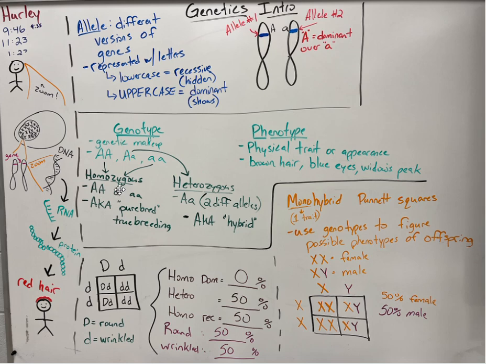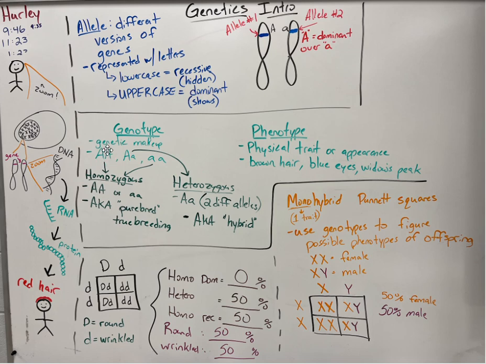Another way we can say this is homozygous. So these two would be homozygous. Homo means same. And so these two are the same. They're both capital, or these two are both lowercase. So they're homozygous. This one would be homozygous dominant. This one would be homozygous recessive. So homozygous dominant or homozygous recessive, also known as purebred.